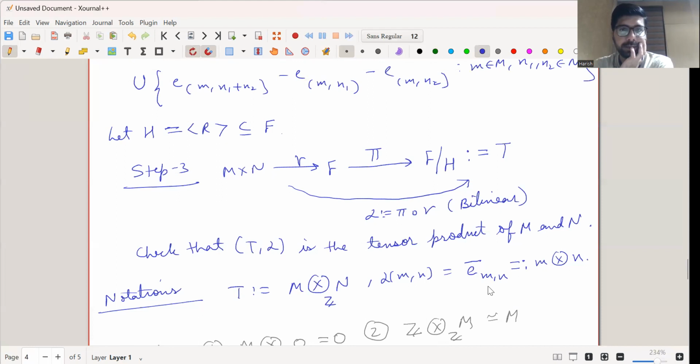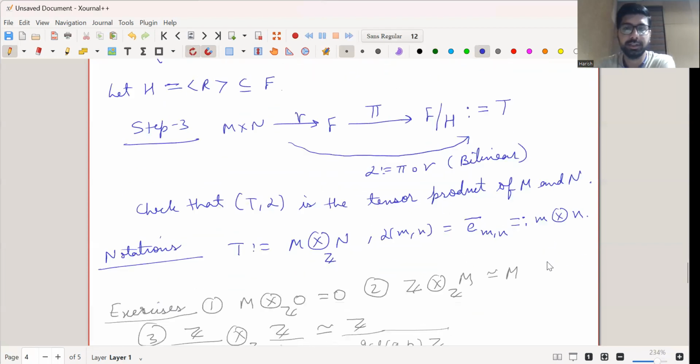Gamma was mapping it to EMN, with this condition, the bar condition. So the element of F modulo H is of this form M tensor N, and it satisfies the properties that we get after this quotienting. So this is actually generated by these M tensor N elements, right?